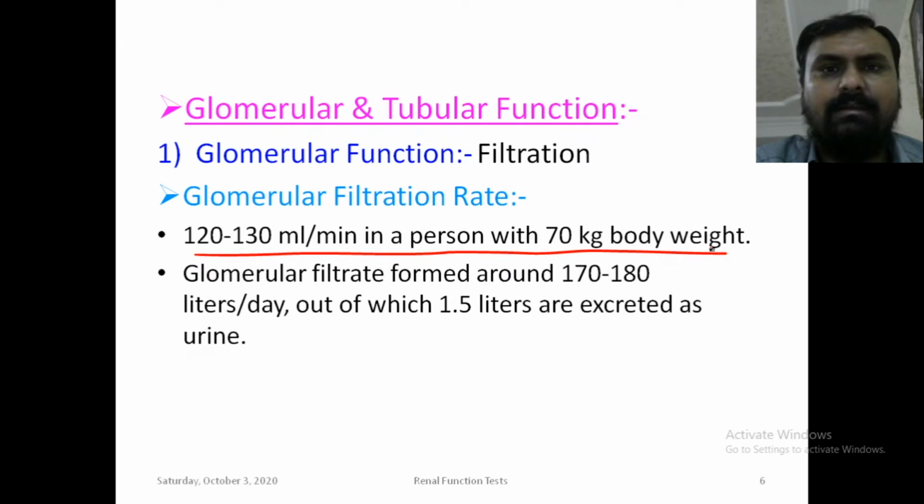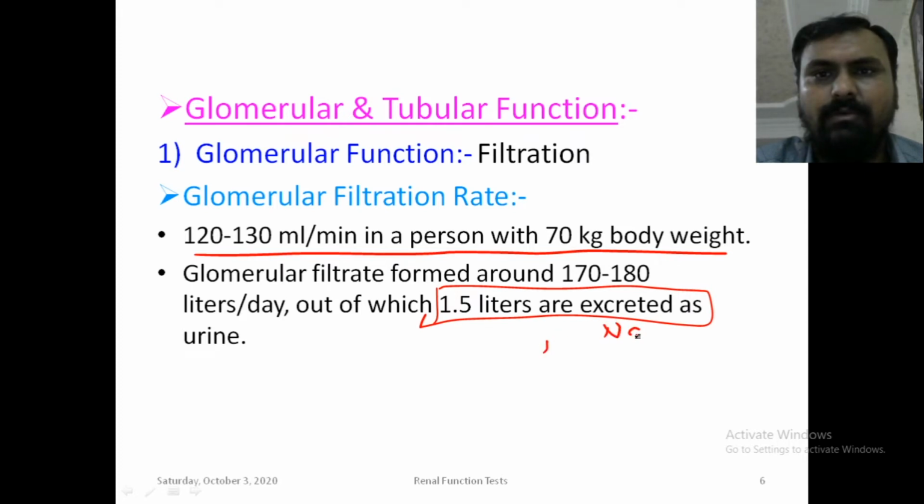Glomerular filtrate forms around 170 to 180 liters per day, out of which 1.5 liters are excreted. The rest, around 168 to 178 liters per day, is reabsorbed. So only 1.5 liters is excreted as urine, which is our normal urine output.